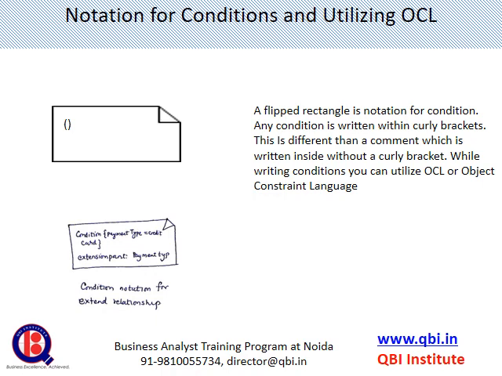Notation for a condition is similar to that of a comment. However, in case of a condition, the notation is a flipped rectangle and any condition is written within the curly brackets as shown here in the diagram. Object constraint language can be utilized for writing down the condition.